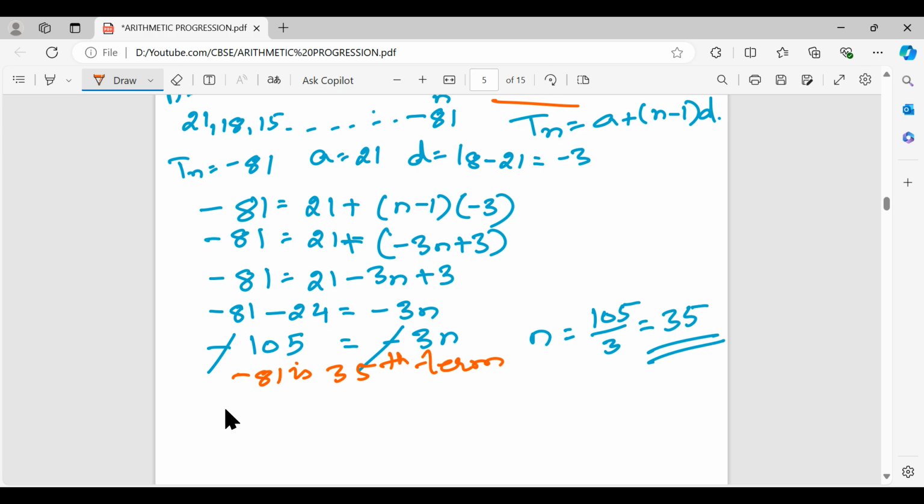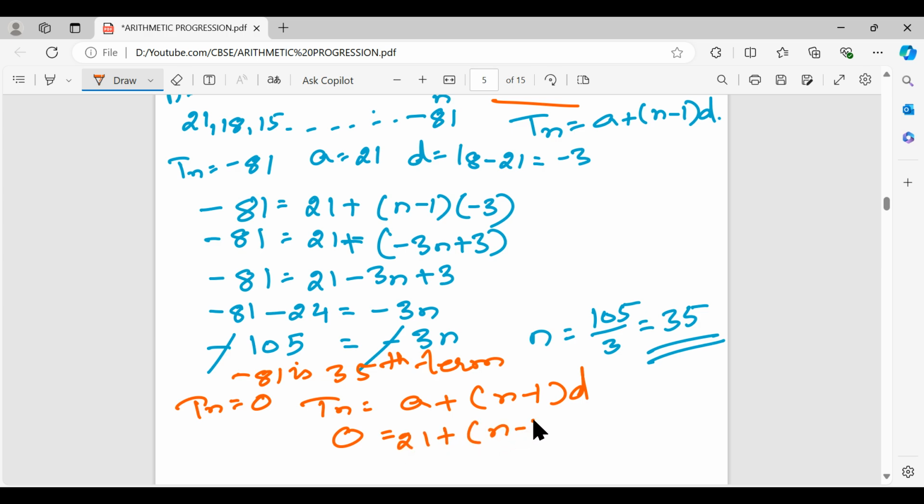So again, it is asking for the position value of 0, because if 0 is there, we will get its position. So here again, Tn becomes 0, and we will substitute in the rule Tn equals a plus n minus 1 into d. So Tn is 0, a is 21 plus n minus 1, and the difference is minus 3, and then we simplify this.